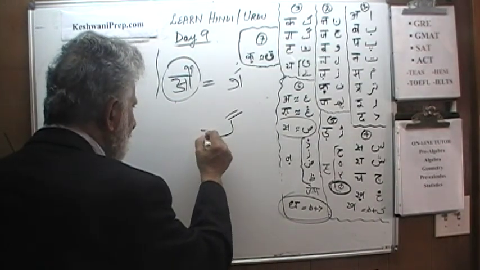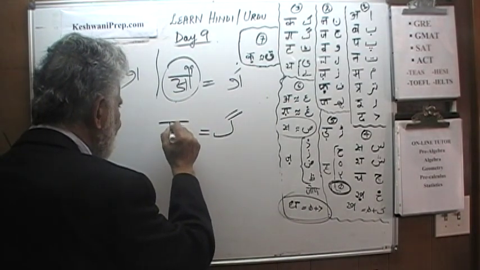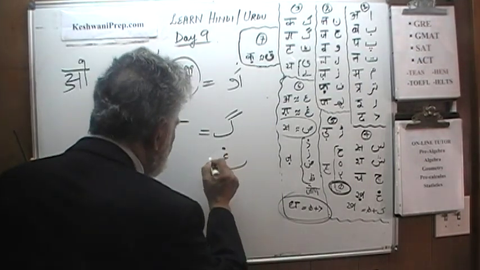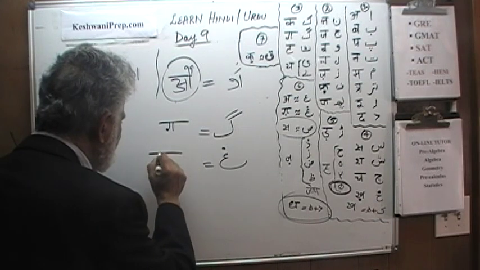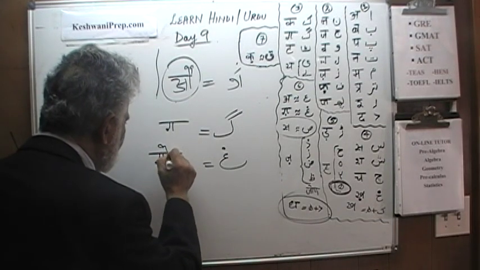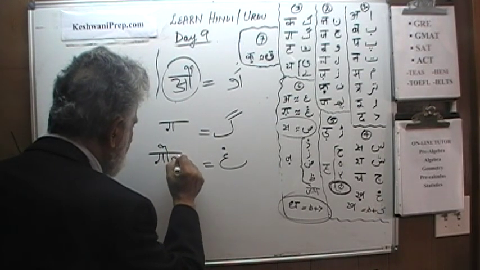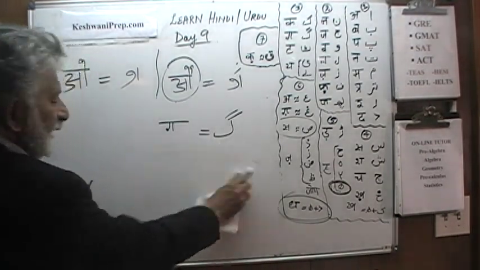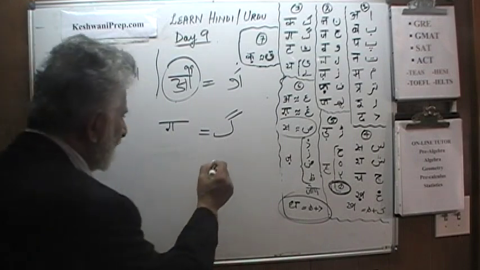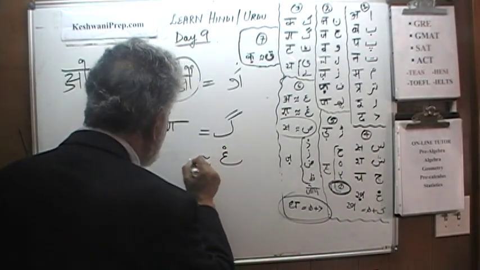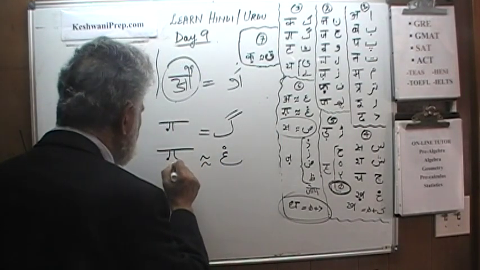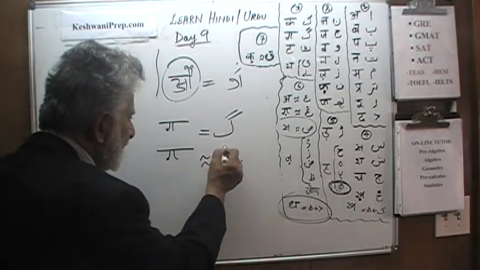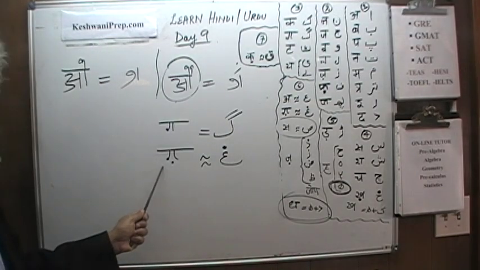This is one G, which is exactly equal to the Hindi G. And then we have this one, which is called Gain. I'm not going to worry about it right now. It looks like this, and that's an approximate G. To keep them separate, we put the dot underneath to remind ourselves that this is the G we're dealing with here.